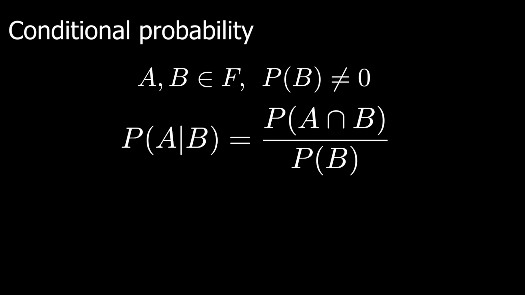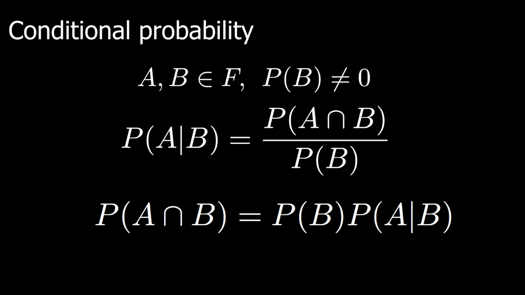Think of it as the probability that A occurs given that B has occurred. It might be easier to understand if we write it as the probability that A and B occurs is equal to the probability that B occurs times the probability that A occurs given that B has occurred. I think an example is necessary here.